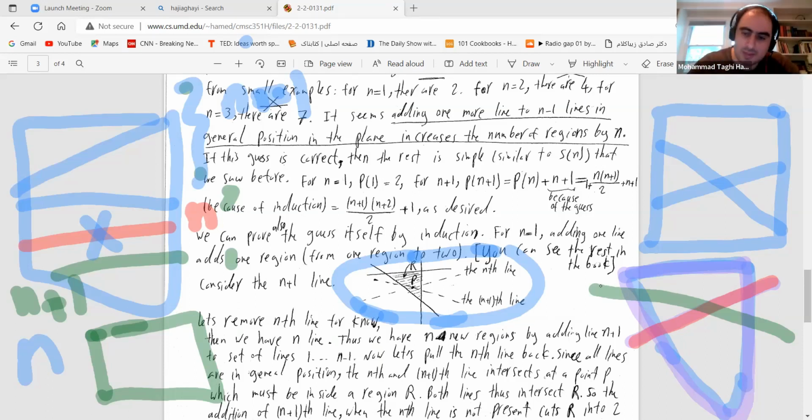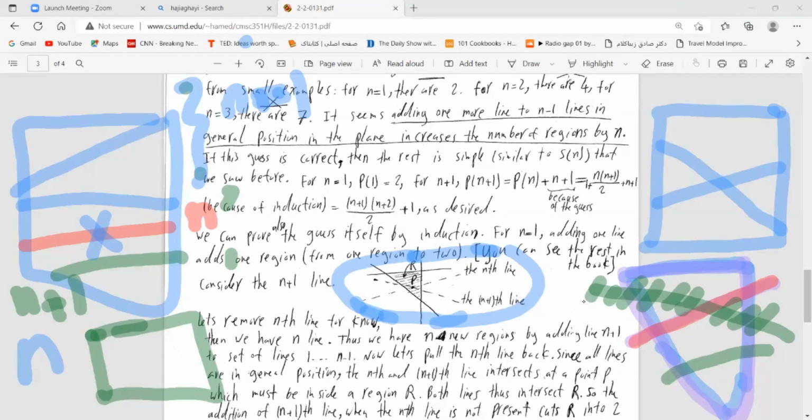Say that this green line is not there in this region. Good. If the green line was like this, and not this one that we have here, how many regions did we have here, added by line n and n+1? Turn one into three regions. Exactly. With one, it turned into three regions.